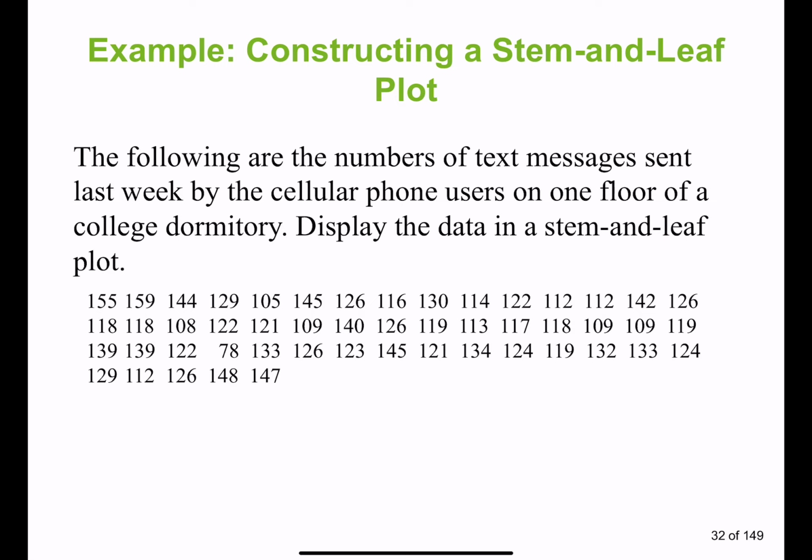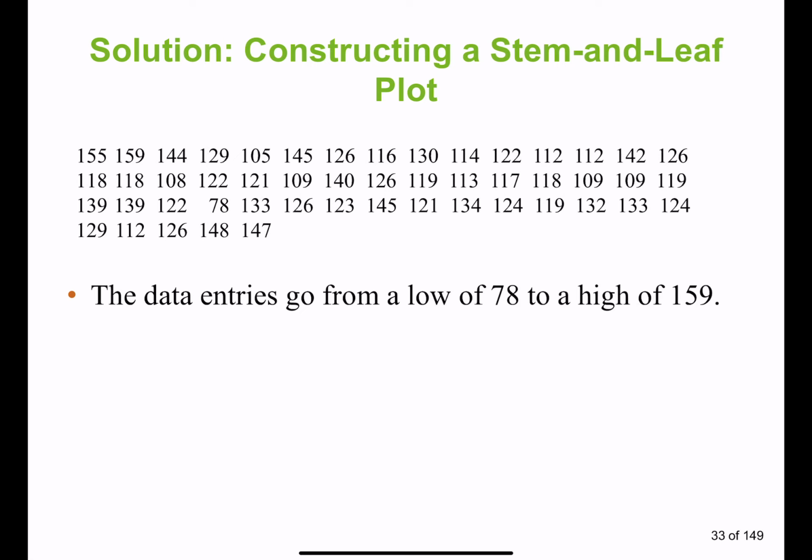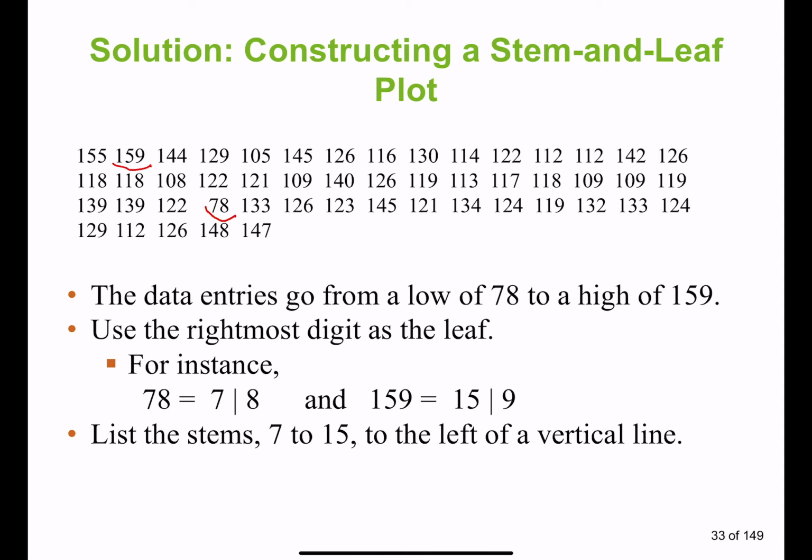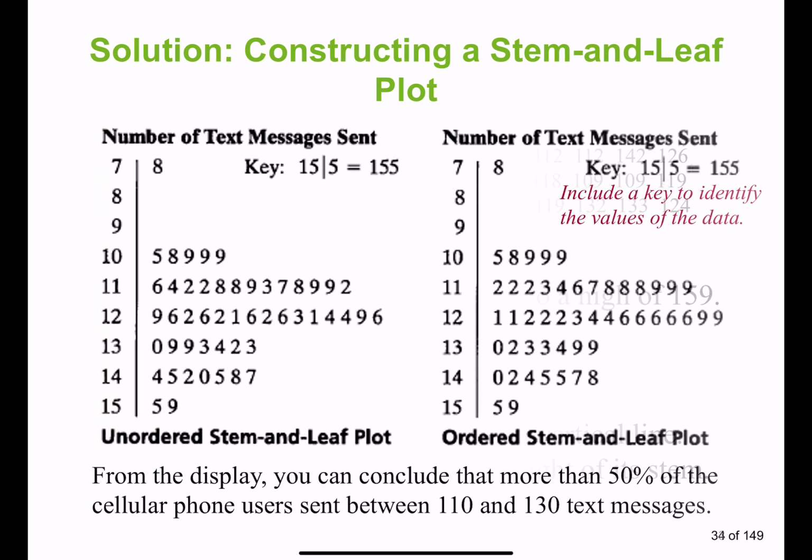So if we build stem and leaf, that's what we are going to get. The lowest number is 78, and the highest number of text messages is 159 messages in 1 week. So let's build it. Here it is, 78, and there's nothing at 80.